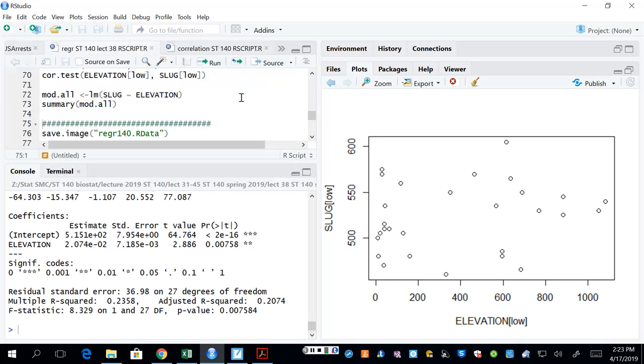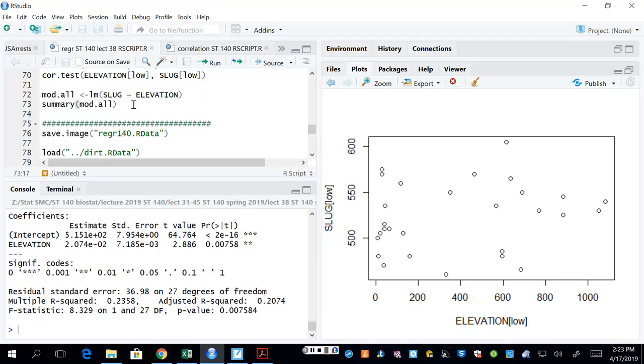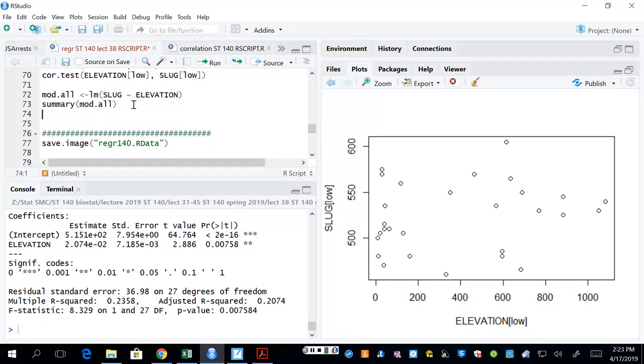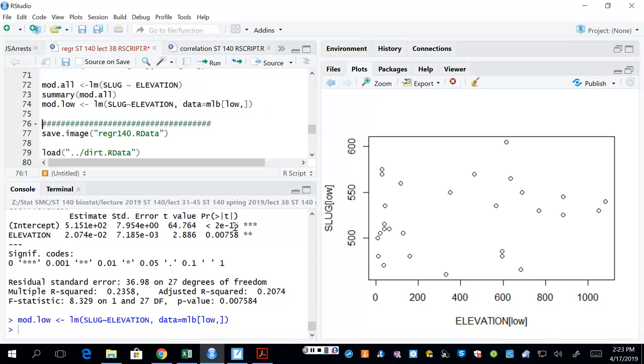If you just use the low ones, I don't know why that code is not in there. If you do the slugging percentage as a function of elevation and set the data to be our MLB data, but just the rows with low elevation, that's how you can select those, run it, and then summarize that.